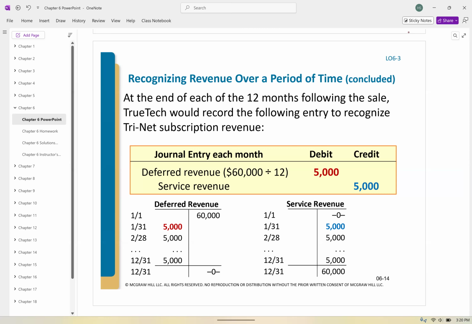Okay, we got all the cash back there on January 1st, but we have not performed the service. Okay, so we're going to make this entry 12 times. And by the end of the year, you can see deferred revenue has nothing in it because we've already provided the service that we promised on January 1st. And then there's $60,000 in the service revenue account.